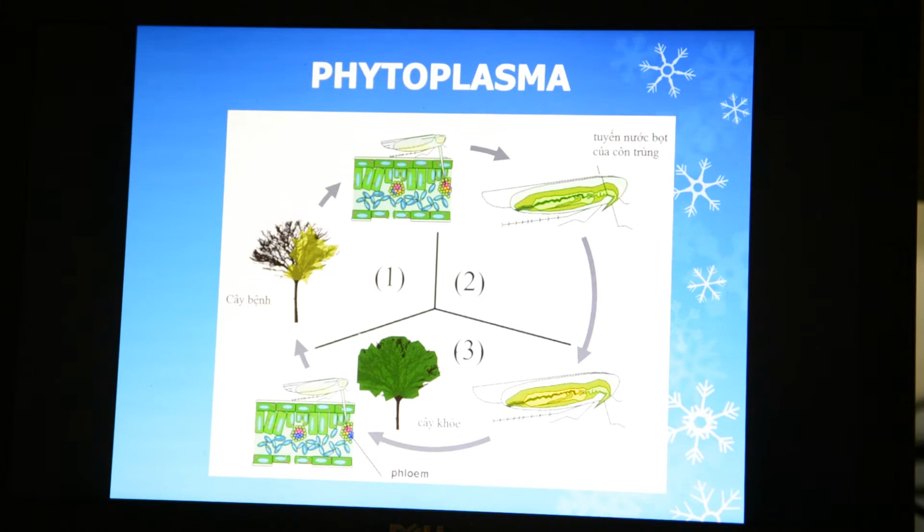This phytoplasma can be transferred from a diseased plant to a healthy plant by an insect vector, and other research is going on to find out which insect helps transmit the disease from diseased to healthy plants.